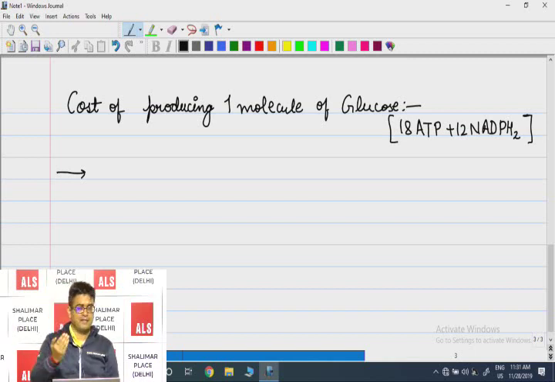To make 18 ATP and 12 NADPH2, how many times will you run cyclic and non-cyclic photophosphorylation? That's what I want to know.